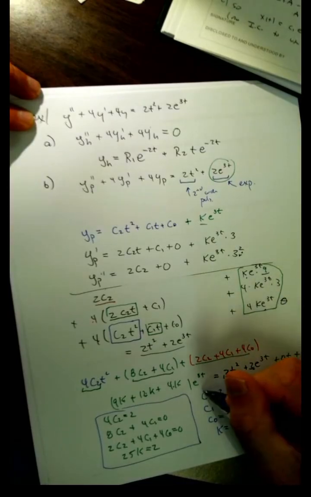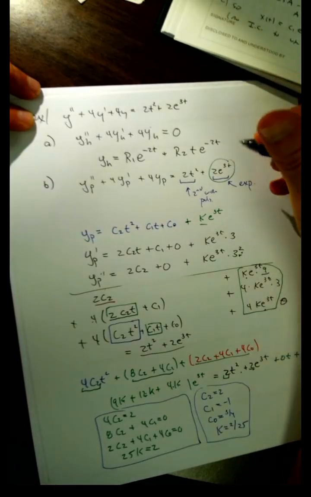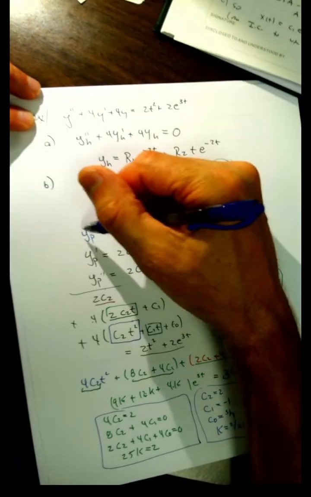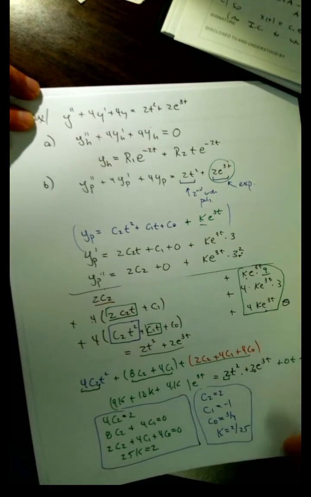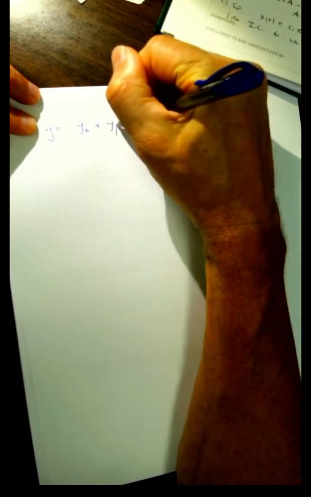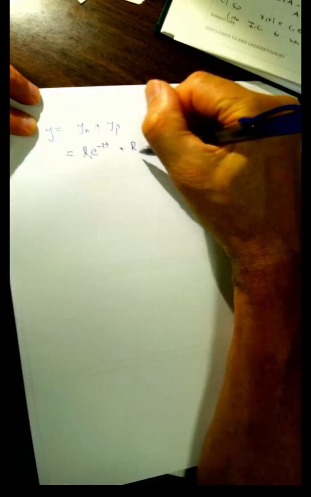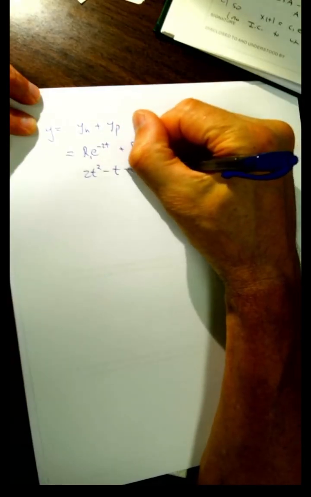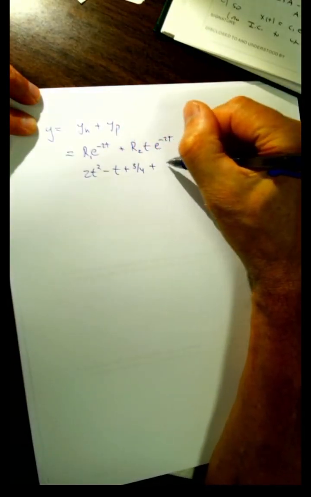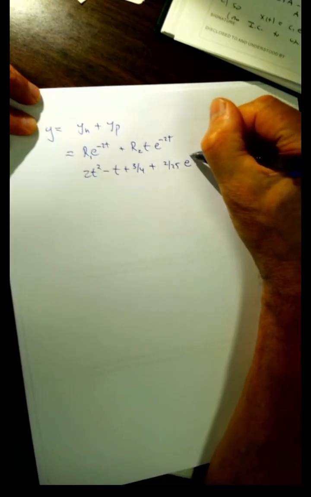And so now plugging this into our assumption for the particular solution, we get that y is going to be the homogeneous plus the particular. Homogeneous is r1 e to the minus 2t plus r2 t e to the minus 2t. And the particular solution is going to be 2t squared minus t plus 3/4 plus 2 over 25 e to the 3t.